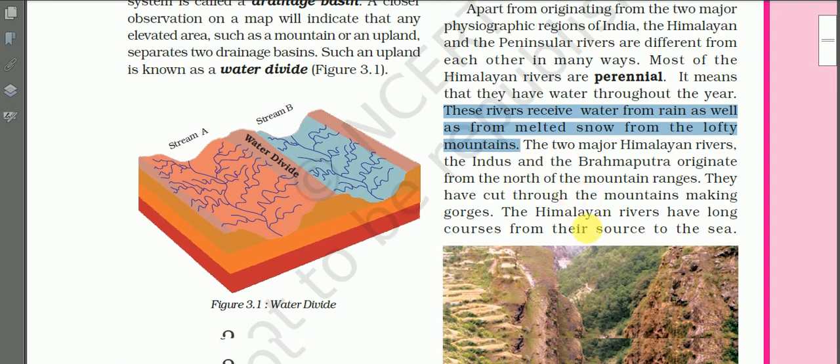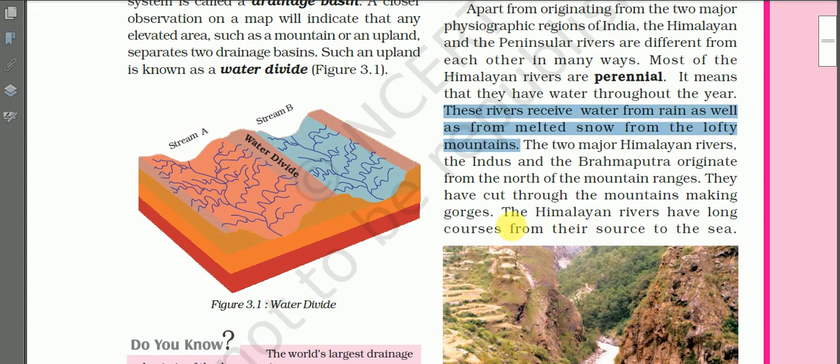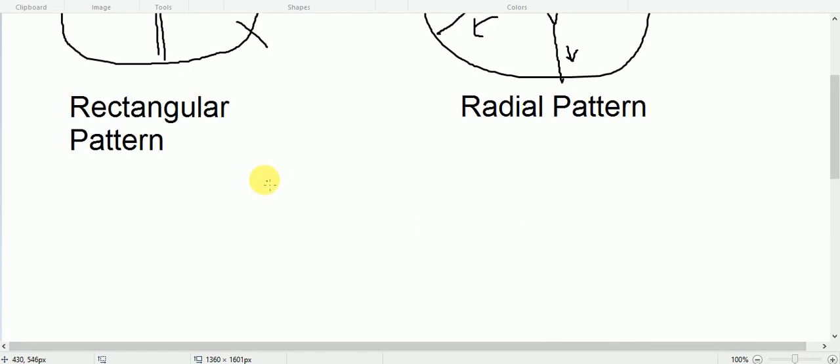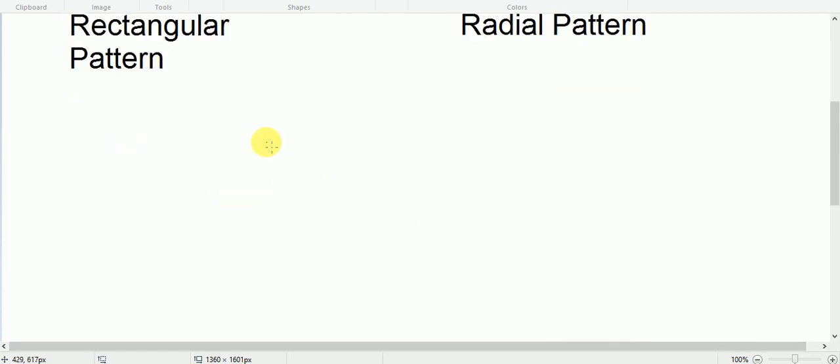And another point of difference is here. The Himalayan rivers have long courses from their source to the sea. Means the length of the Himalayan river is very long. Okay. And these rivers make so many gorges. Okay, gorge, you know, see, gorge means, if the river valley is like this, very steep, okay, like this.